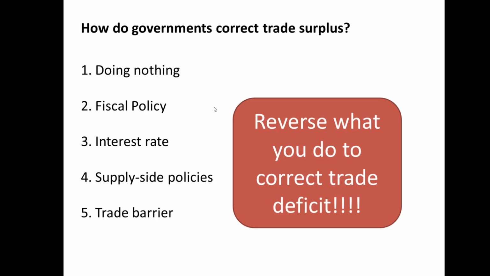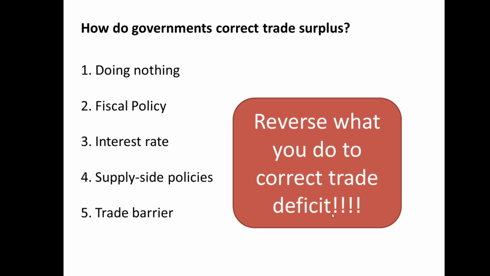When it comes to the policies to correct trade surplus, it's very simple. I'm not going to do any more discussion here. Besides doing nothing, you are going to use the same policies and the same protectionist measures in order to correct this. But on one condition: you are going to reverse what you do to correct trade deficit.